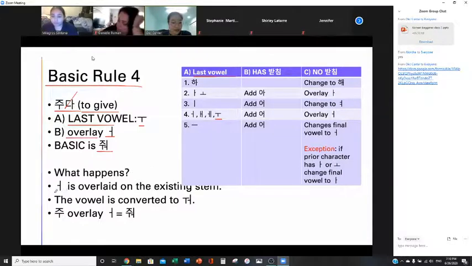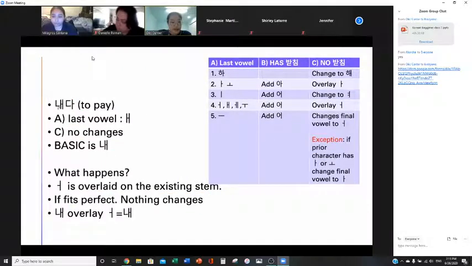Like repeated, a is overlaid to the existing stem. This is the existing stem. A is overlaid and the vowel is converted to wo because a is added here, right? Therefore, cho.